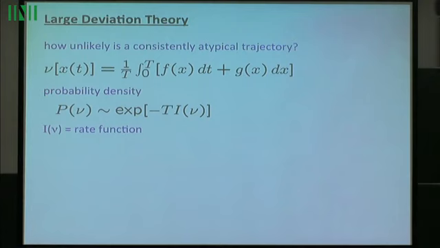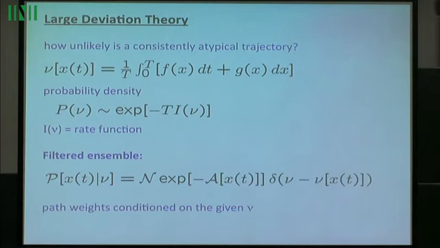And this is again a completely general structure. So what I can do is construct a filtered ensemble, one in which I have the ordinary statistical weights from the action, which is my basic process, and then I just drop a delta function on that, which says that out of that I only select the paths which have the desired property nu, say 10% more heads than tails.